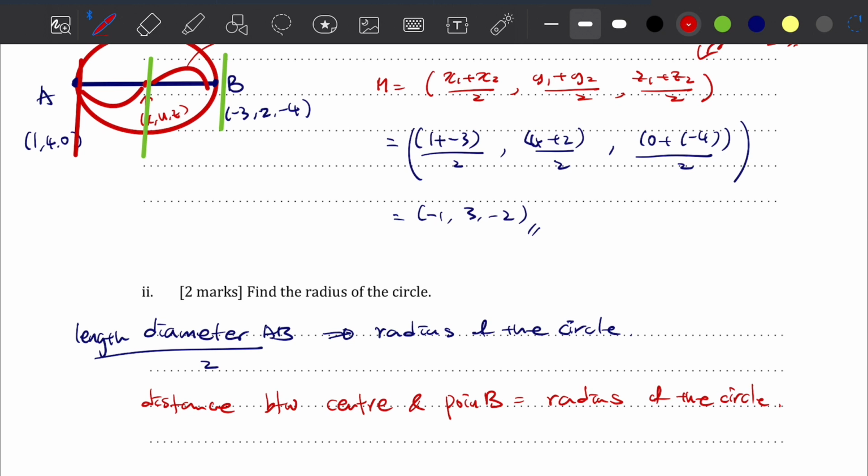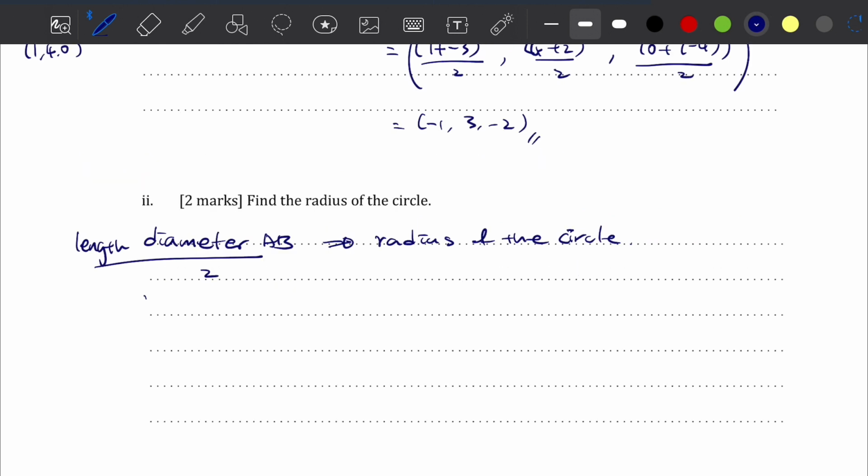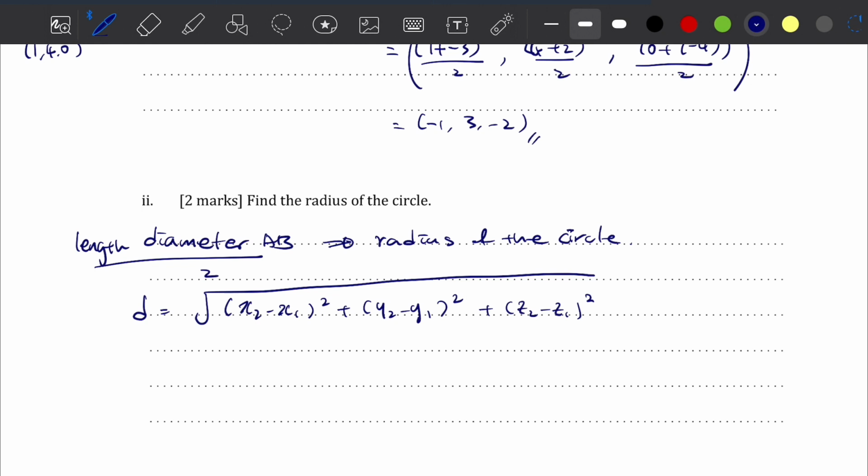Then we can say the center is -1, 3, and -2, and point B has coordinates of -3, 2, -4, and using this information we use the distance formula, where we need to do x2 minus x1 squared plus y2 minus y1 squared plus z2 minus z1 squared and the square root to calculate the distance.